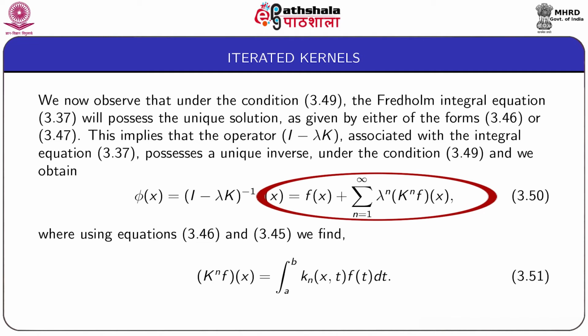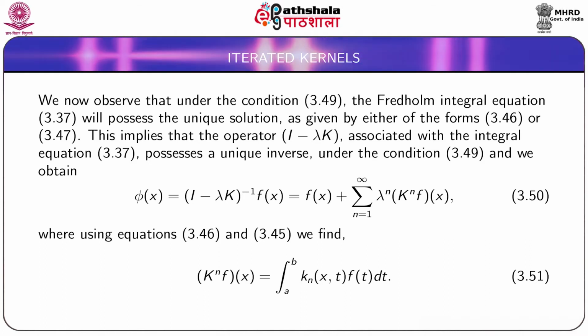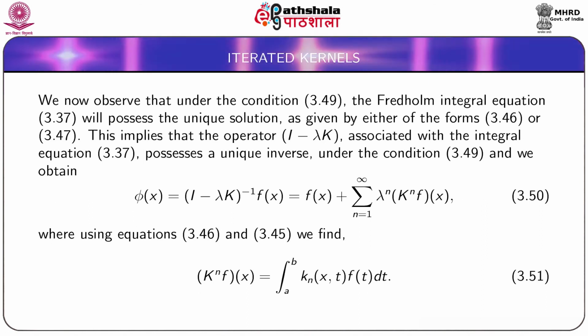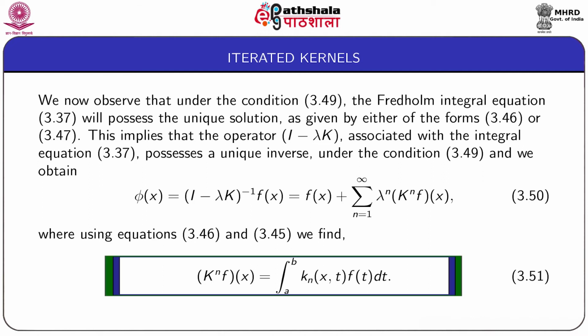that is equal to fx plus summation n equal to 1 to infinity lambda to the power n capital Kn operating on fx, as given by equation 3.50, where using the equations 3.46 and 3.45 we see that the term capital Kn operating on fx occurring in the right hand side of 3.50 is equal to integral a to b kn xt ft dt.